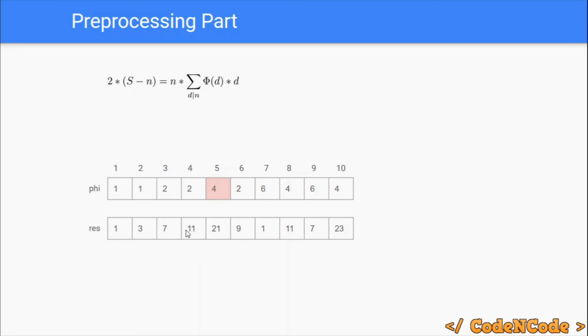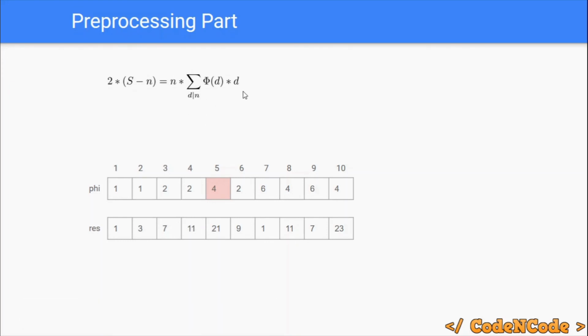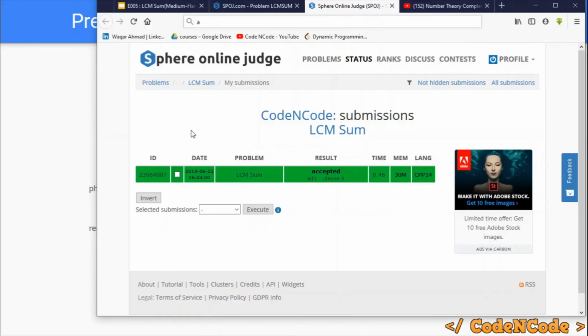We have already added all of those numbers here, because when we were calculating for 1, we added 1 times phi of 1, when calculating for 2, we added 2 times phi of 2, and similarly when pre-processing for 4, we added 4 times phi of 4 here. So after that, result of n would store this whole expression. Now we can use this information to solve the problem in constant time.